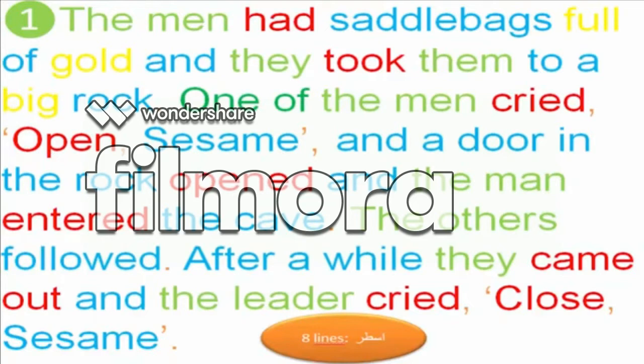So this is the first passage. Let us read it again slowly. The men had saddlebags full of gold and they took them to Big Rock. One of the men cried: Open Sesame.